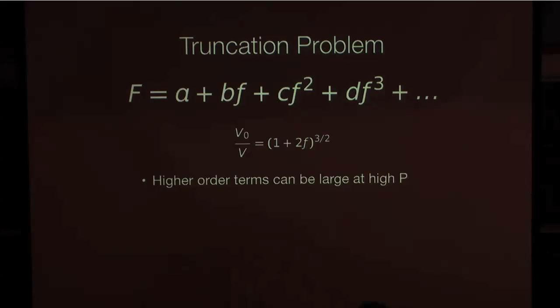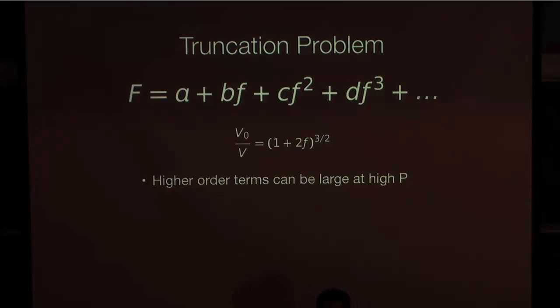So the fact that lots of oxides, silicates and metals at deep planet conditions have K primes close to 4 tells you that the expansion around this strain is probably a good expansion, because the higher order terms go to 0 rapidly. Excellent point. Okay, can I move on?